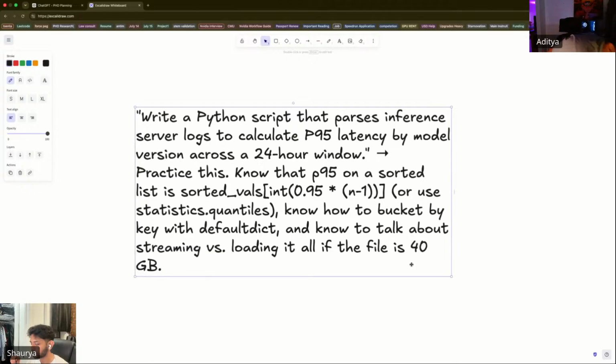Yeah, but this is a straightforward question that somebody reported on Glassdoor that was asked to them. So in robotics, they are definitely looking for more than LeetCode. That's what I'm saying. Yeah, brother, so we need to practice this as well. I don't even know what a P95 is. I also don't know, bro.